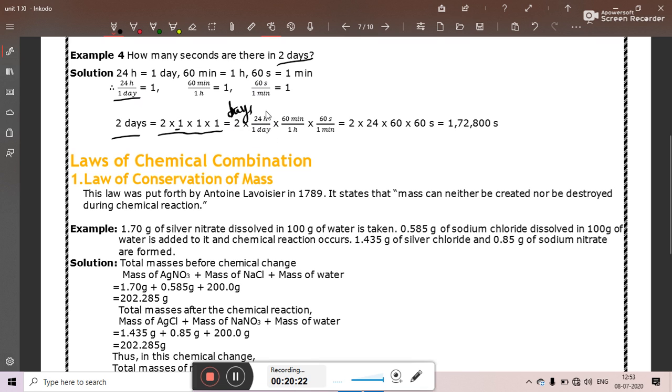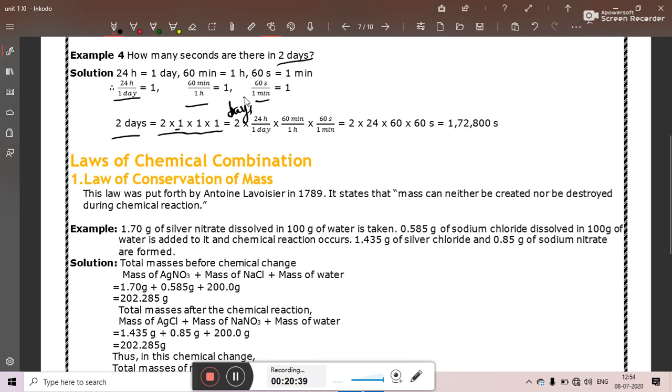Now if we want to cut hour, then we require hour in the denominator, so we will use this ratio, that is 60 minute upon 1 hour. And if we want to cut minute from the numerator, then one more unit factor we require, and that is 60 second upon 1 minute.